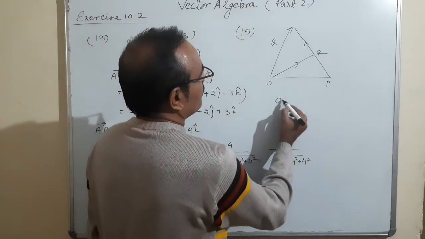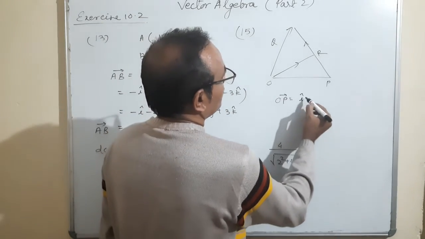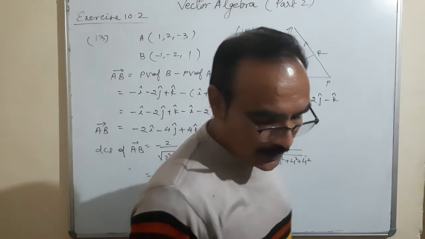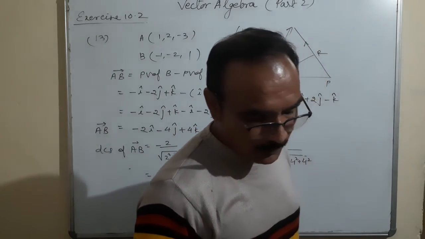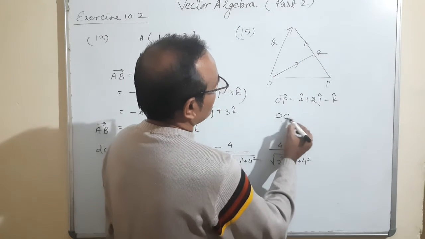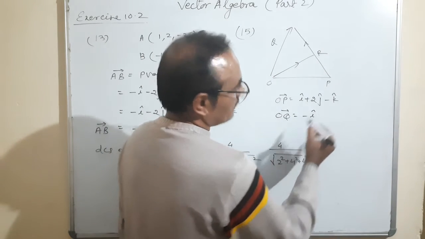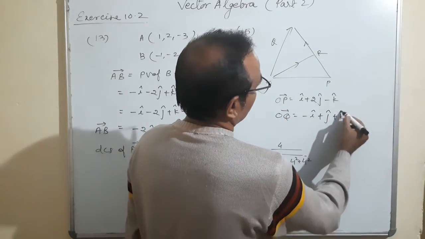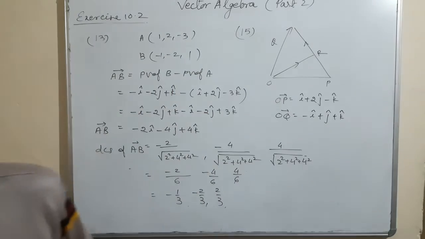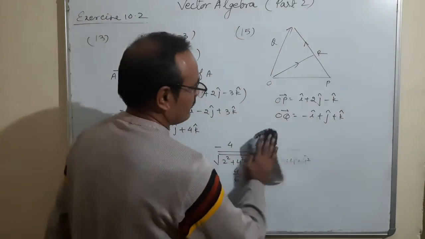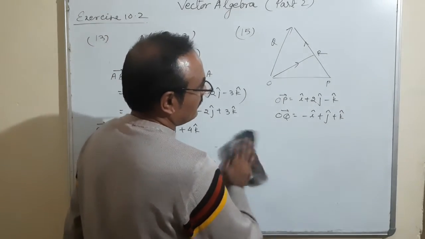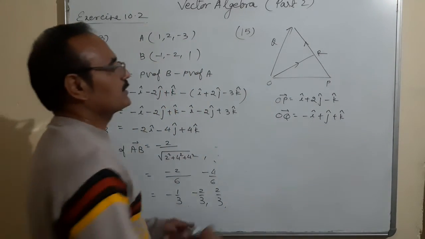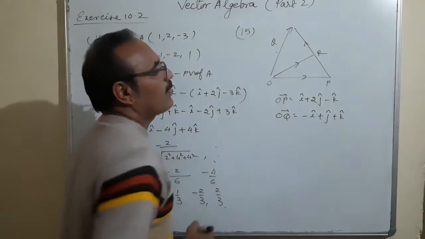That means OP is i plus 2j minus k and OQ is minus i plus j plus k. These are the position vectors OP and OQ, right?